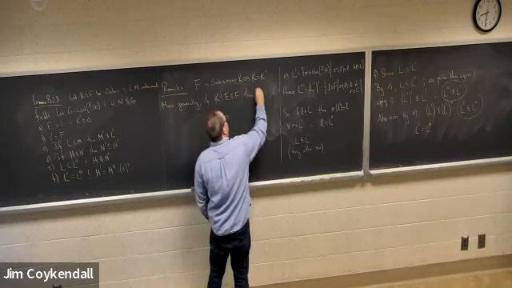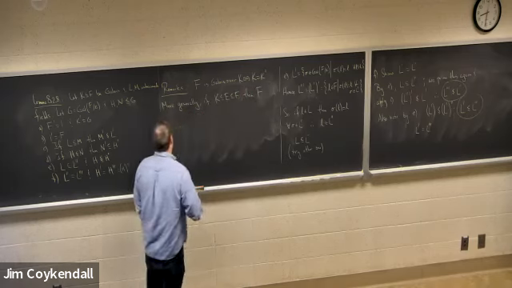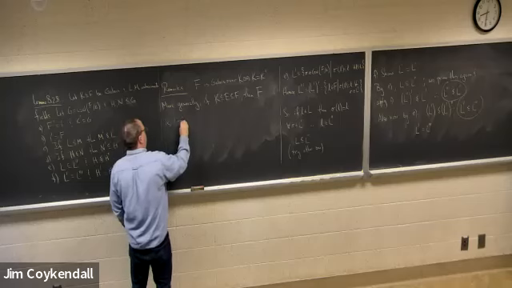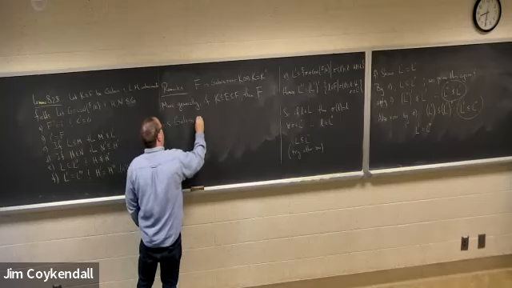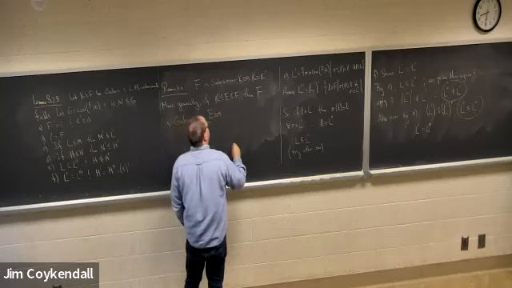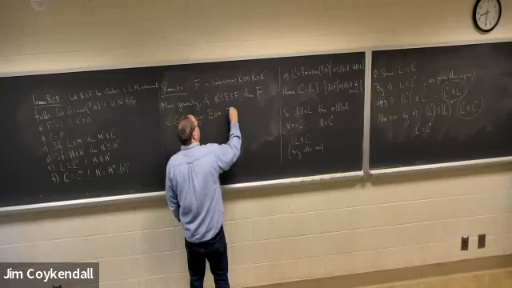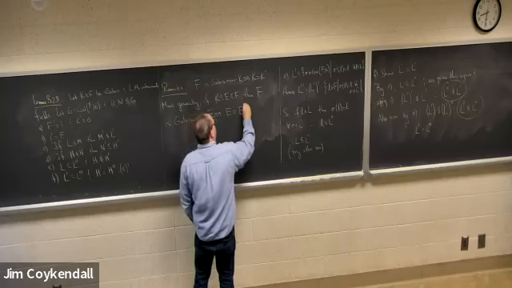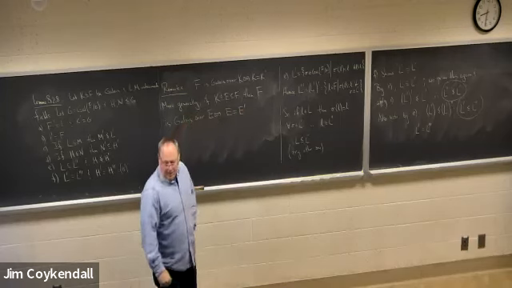Then F is Galois over E if and only if E and E double prime coincide.